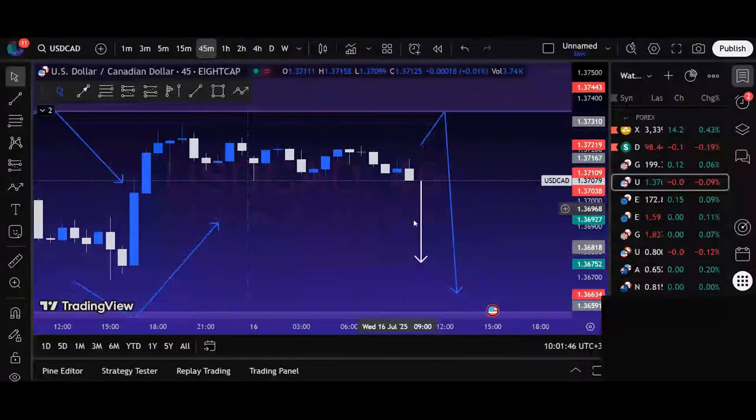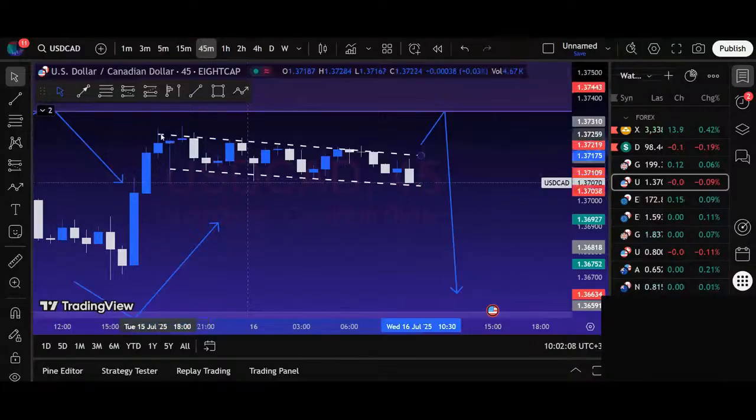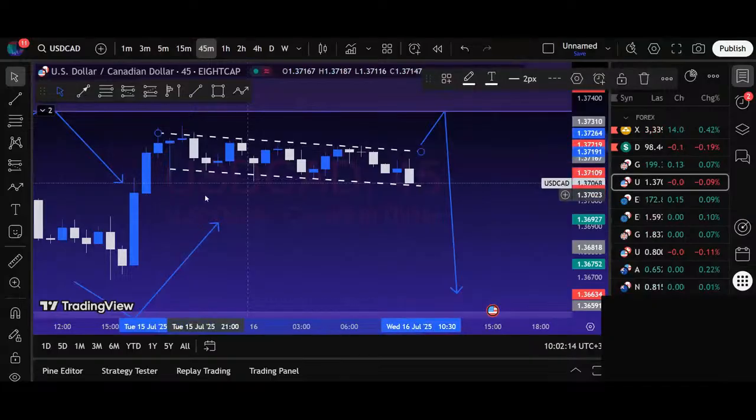Because right now, actually, let me get rid of this arrow. Right now, you can see these levels.